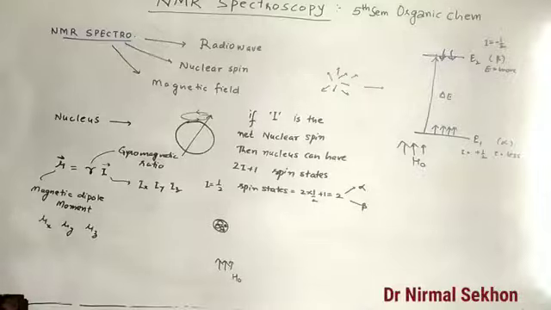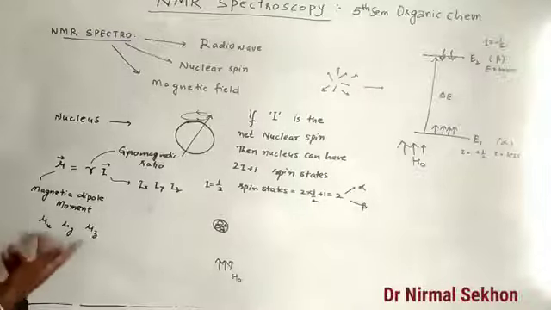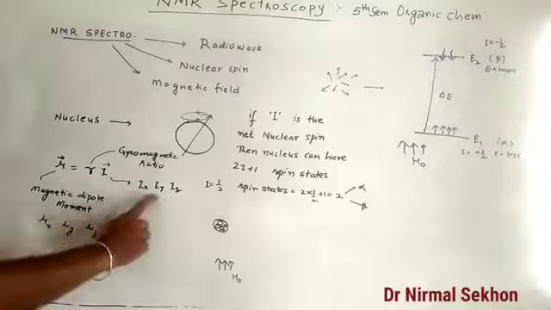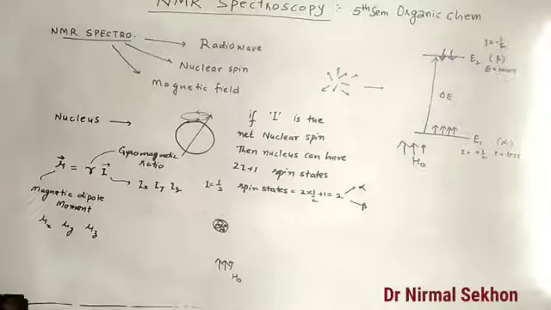Magnetic dipole moment depends upon direction, so we have mu x, mu y, mu z, the three components along the three axes. Similarly, you can split I, the nuclear spin angular momentum, along Ix, Iy and Iz.